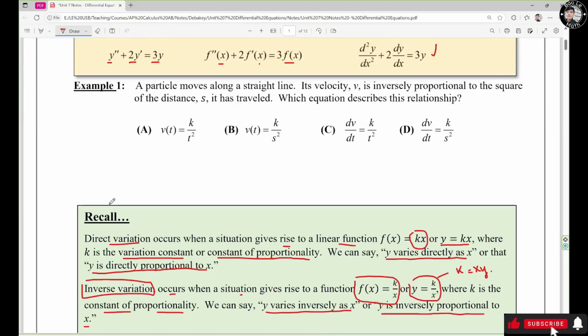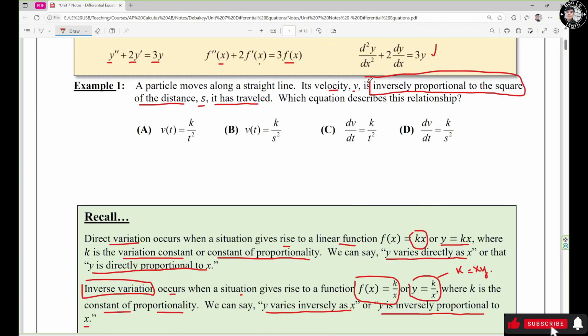Alright, let's take a look at the example right here. A particle moves along a straight line. Its velocity v is inversely proportional to the square of the distance s it has traveled. Which equation describes the relationship?